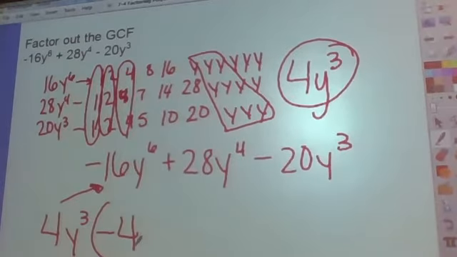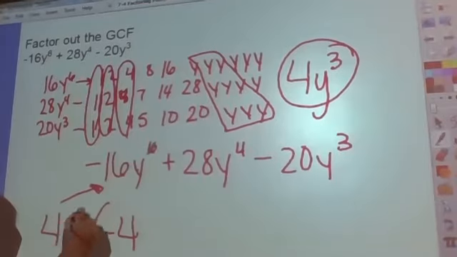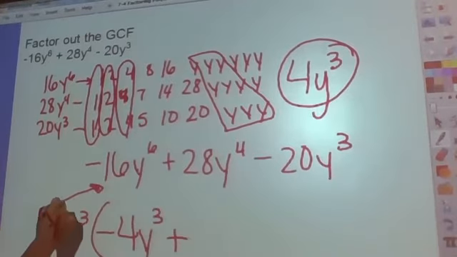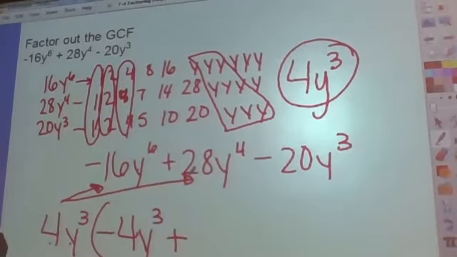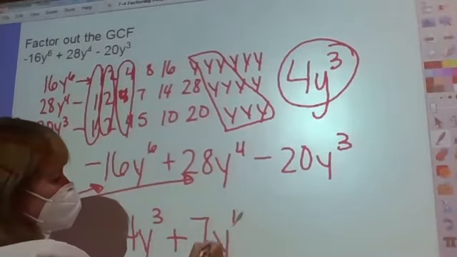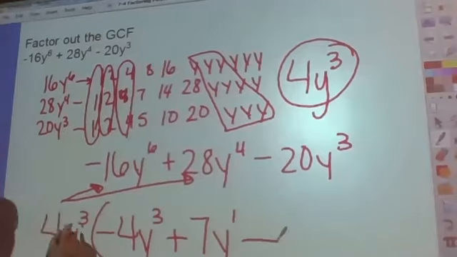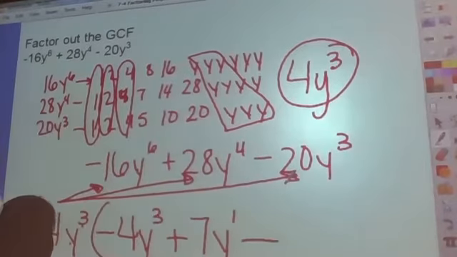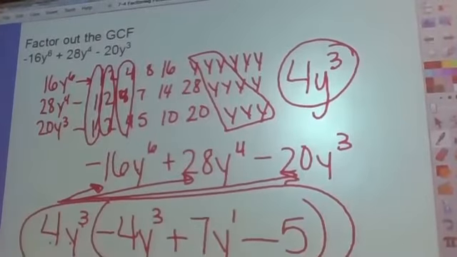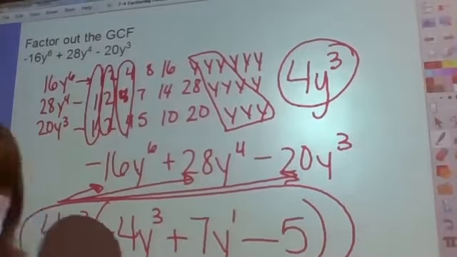And y to the 6th divided by y to the 3rd is y to the 3rd. Plus, 4 times what is 28? 7. And 4 minus 3 is 1, so y to the first. And 4 times what is 20? 5. And 3 minus 3 is 0, so that's gone. Here is your answer. You just factored a trinomial.